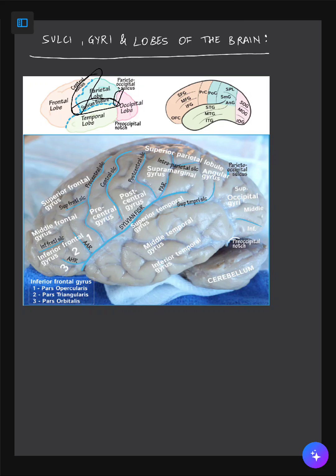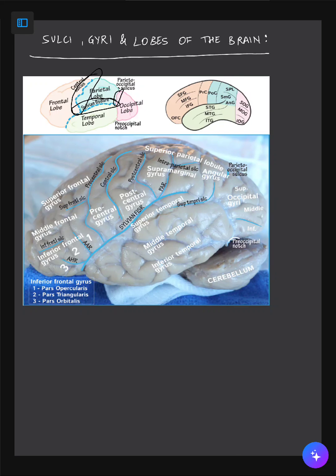Now there are several lobes which are distinguished. The frontal lobe is divided into the precentral gyrus, superior frontal gyrus, middle frontal gyrus and inferior frontal gyrus.